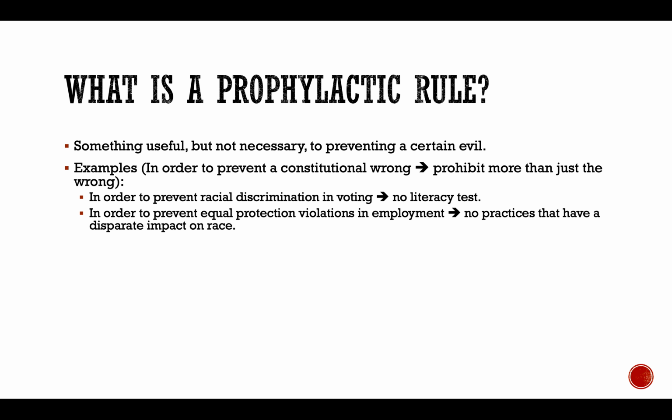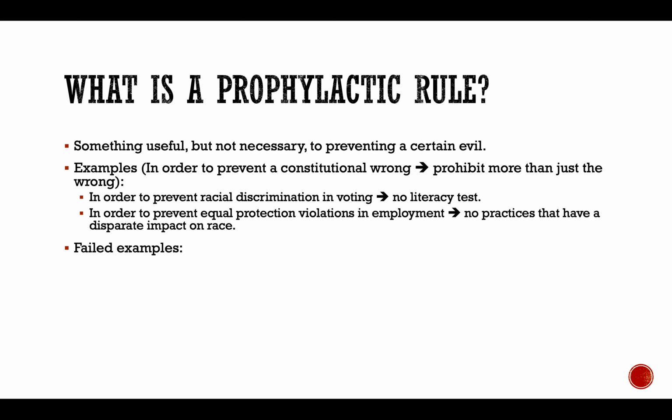That helps guarantee that the states aren't violating the Equal Protection Clause. So these are ways that Congress can focus on the underlying goal of preventing violations of Section 1 of the 14th Amendment, but in having that end in mind, the means they employ are broader than what is prohibited under Section 1.